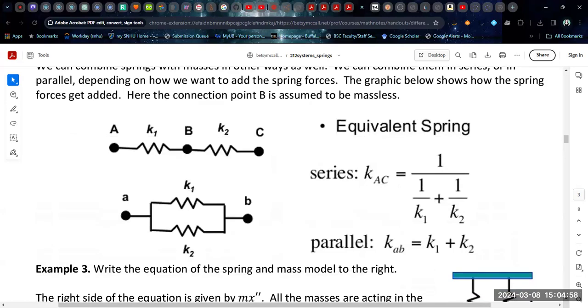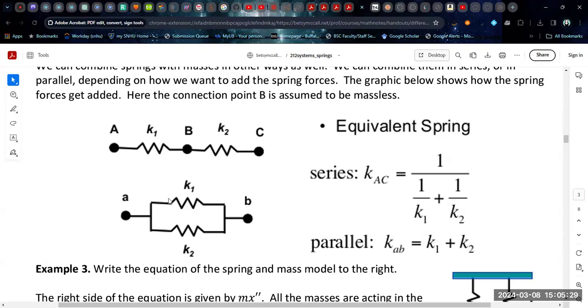Now, if you have springs that are connected to each other in various ways, with no masses in between them, then those coefficients can't get added directly to each other. So if you have springs like this in series, you would add them into the equation as a coefficient in this form. If they are in parallel like this, then you would just add them directly.